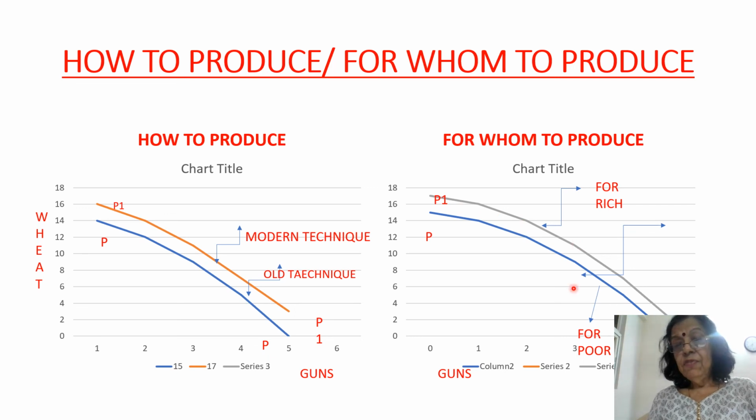But if it produces for poor people, then it will come down to the left. Why? Because poor people cannot save much, so savings would be low, production will be low, and resources would fall. So the production possibility curve will come to the left.